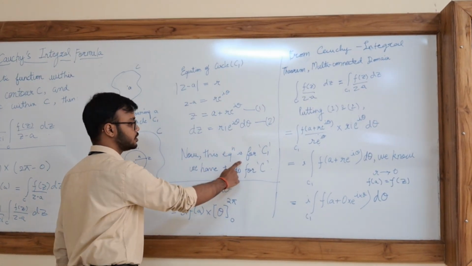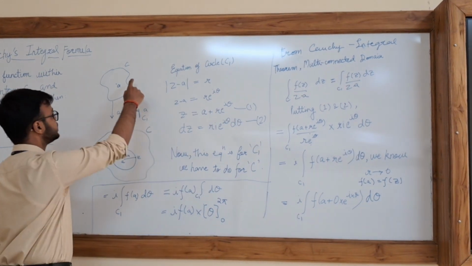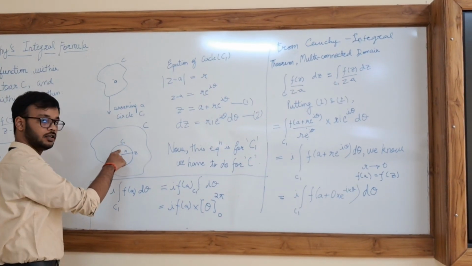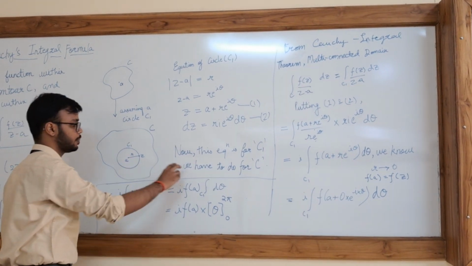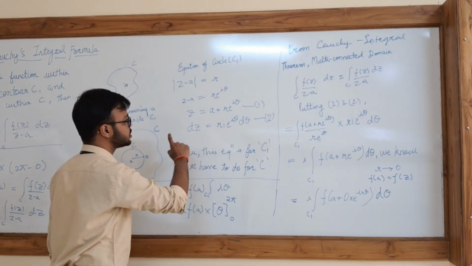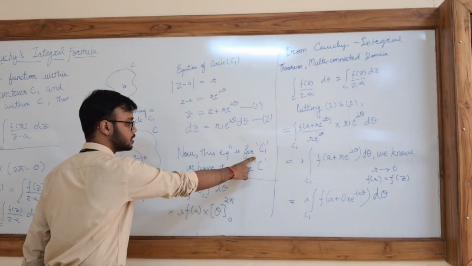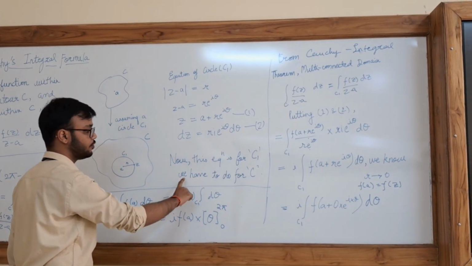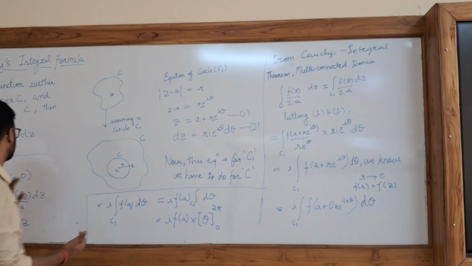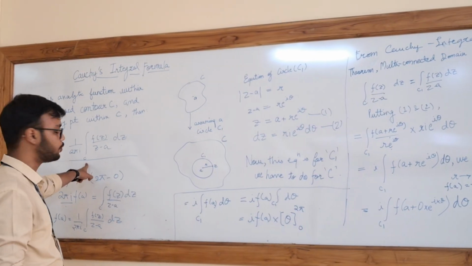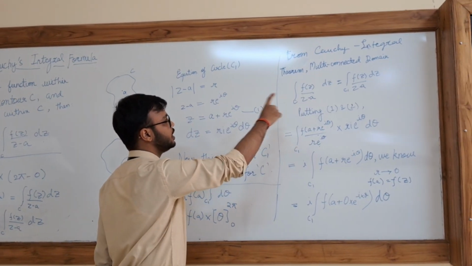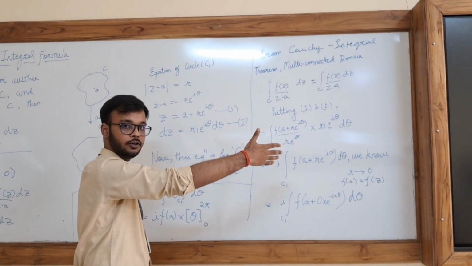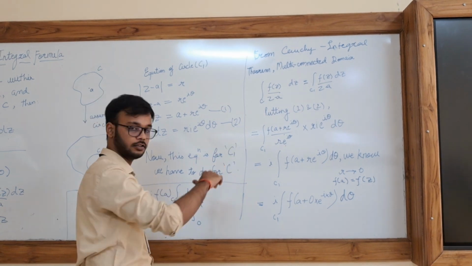Now this equation is for circle C1, which is the smaller circle around the point A. But we have to find it for C. So for that, we will use the Cauchy integral theorem for multi-connected domain, an extension of the Cauchy integral theorem.